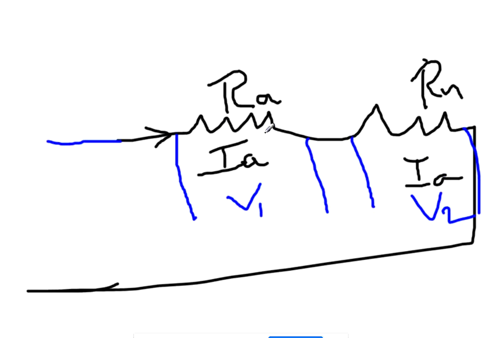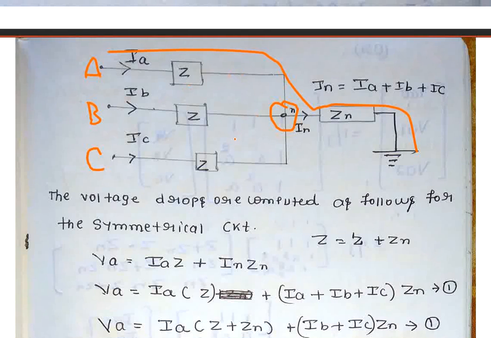If I want to find the voltage drop across each resistor, the voltage drop across V1 is IA into RA and across V2 is IA into Rn. Similarly here also, the same.